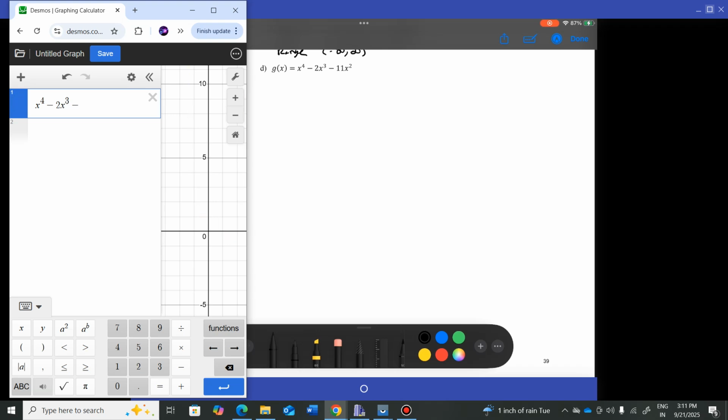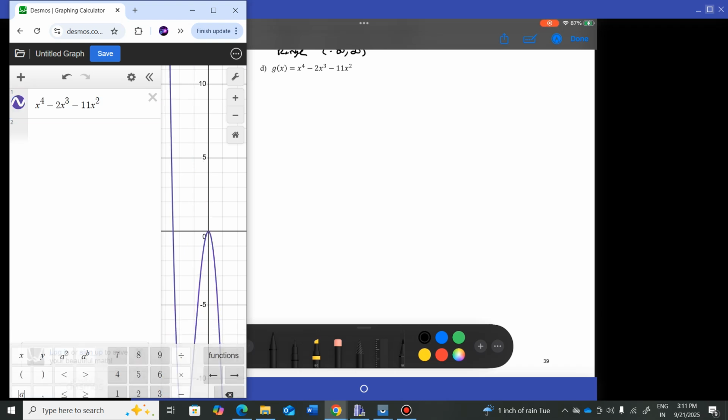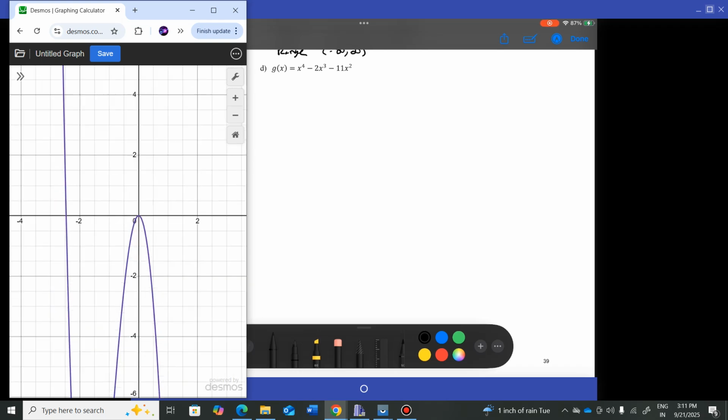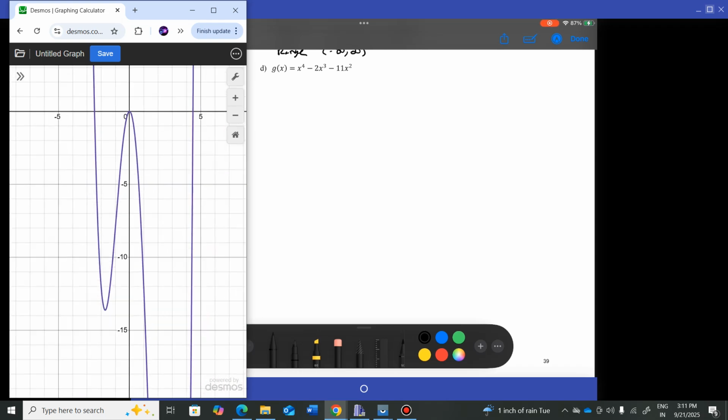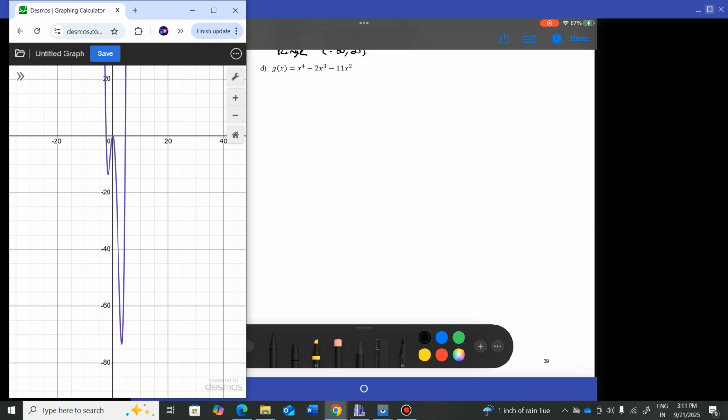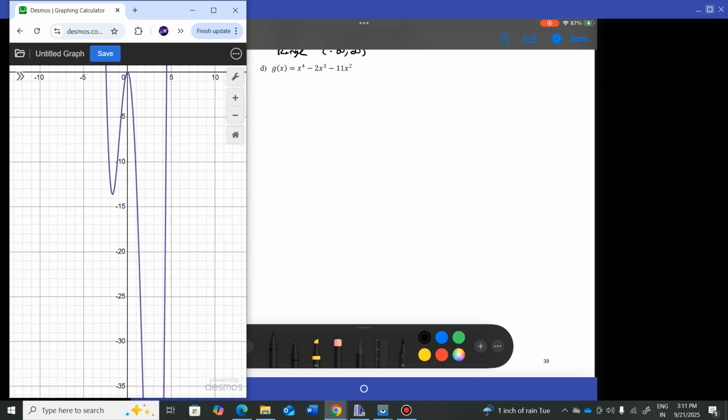Oops, I meant to hit the negative sign twice. Alright. We can see this goes pretty low, so I'll scroll in as we need to.